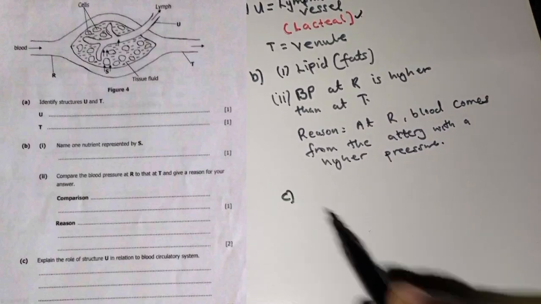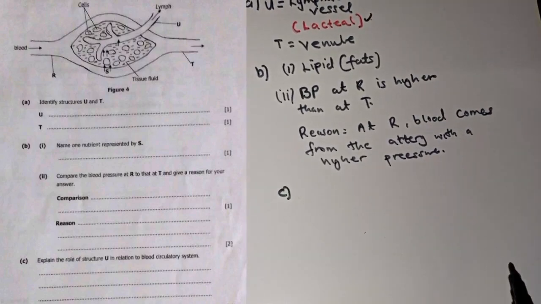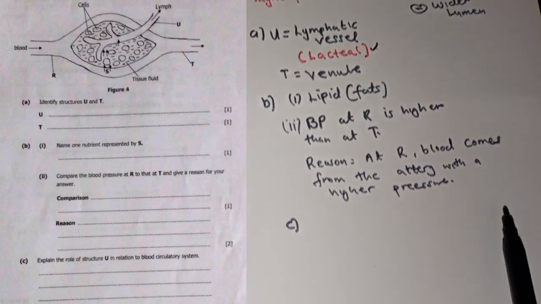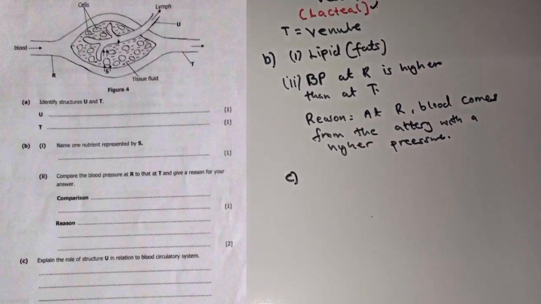Then question C says, explain the role of the structure U in relation to blood. So what is the structure U? We've said the structure U is the lymphatic system. Now, this lymphatic system has specific roles that it plays. And one of those roles, we've already seen it.